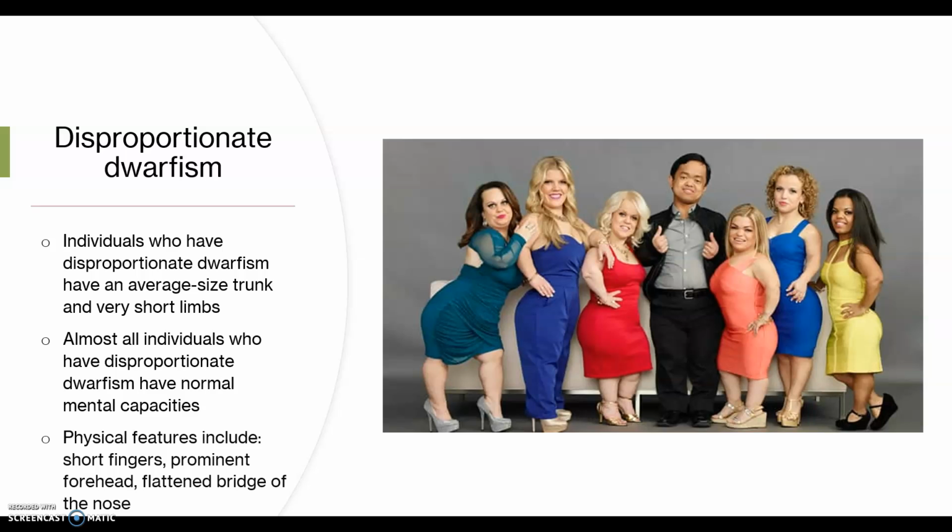You can tell that someone has disproportionate dwarfism by their physical features, like short fingers, a prominent forehead, and a flattened bridge of the nose. As you can see in this picture, almost all these individuals have a prominent forehead and a normal sized trunk, but their noses are also flattened because the cartilage in their body did not convert to bone correctly.